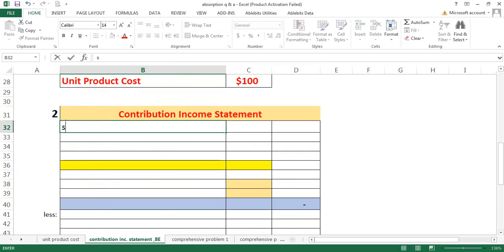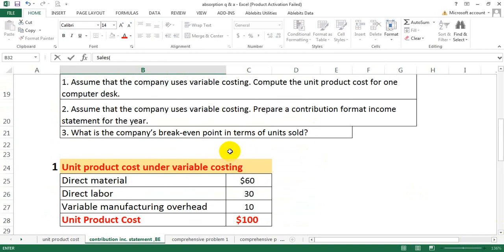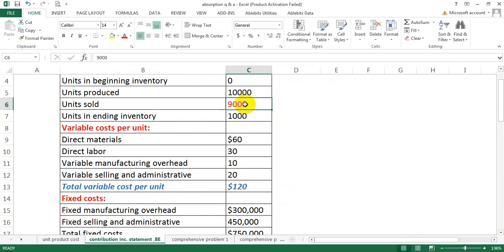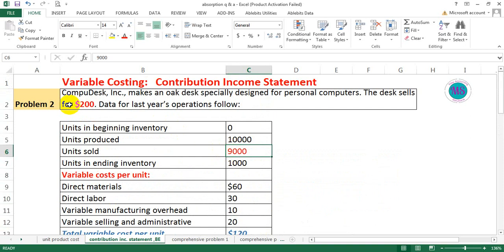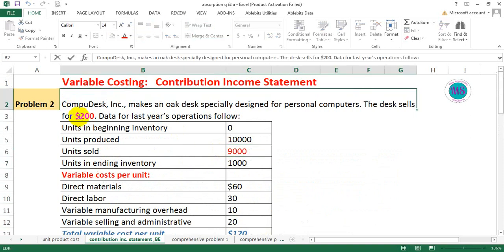First, sales. The first element is sales. Calculate the sales. How many units are sold? 9,000 units, right? And the per unit selling price is $200. Here you can see the desk sells for $200.